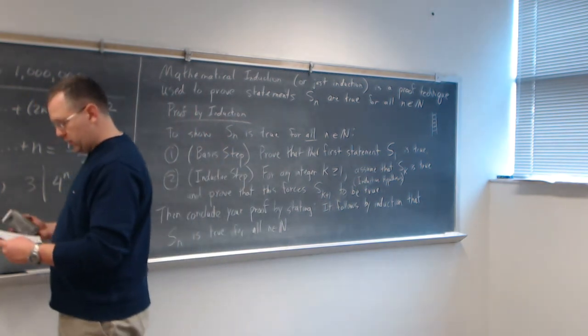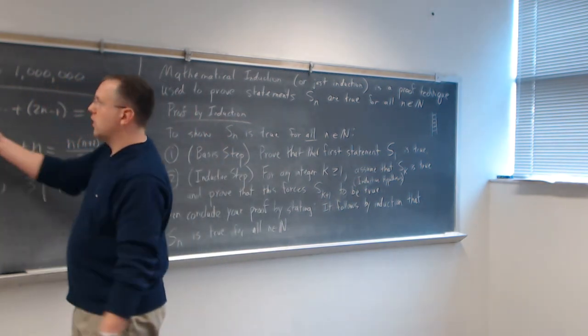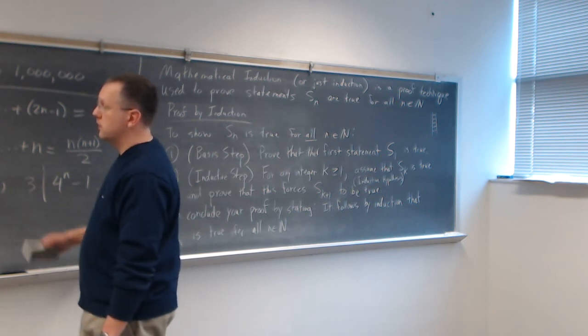Let's prove, let's see, yeah, this one. So this one we'll start out with: the sum of the odd numbers is n squared.